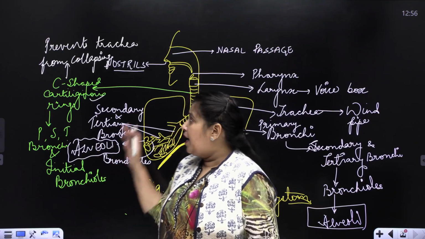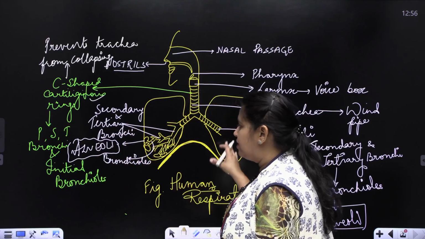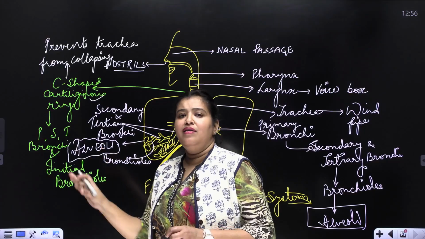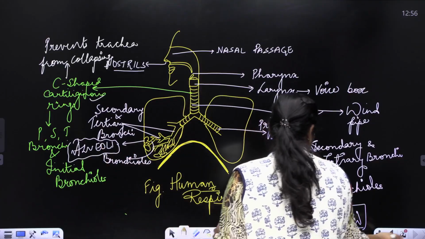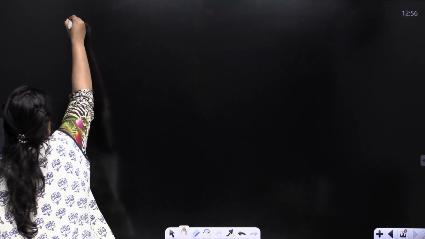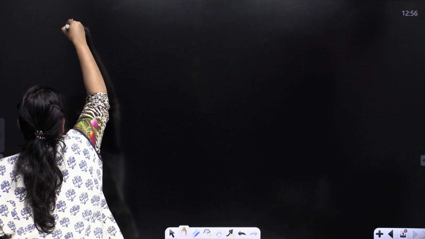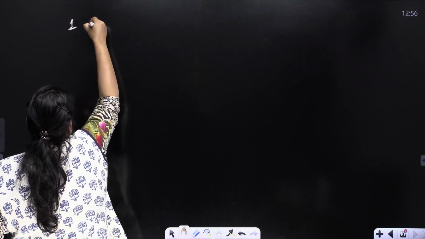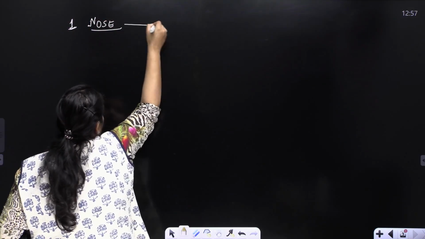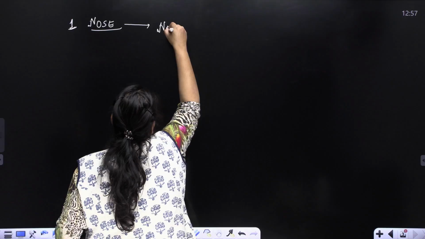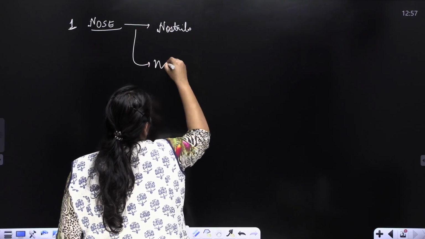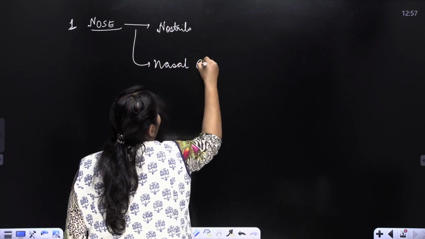All right. I hope you've understood the parts. Now, one by one, we will take up all the parts in detail. So, the first part of the respiratory system of humans is the nose. Nose has two parts, the nostrils and the nasal cavity.